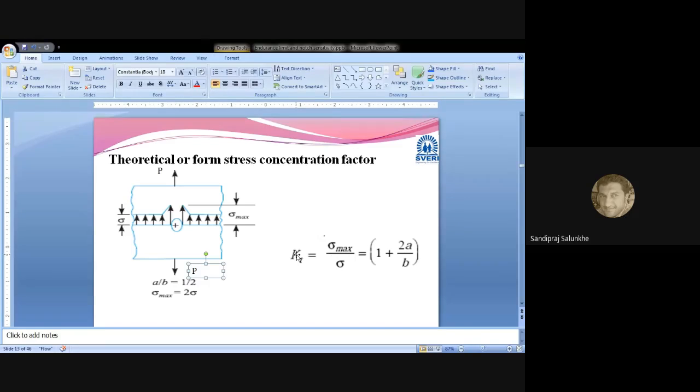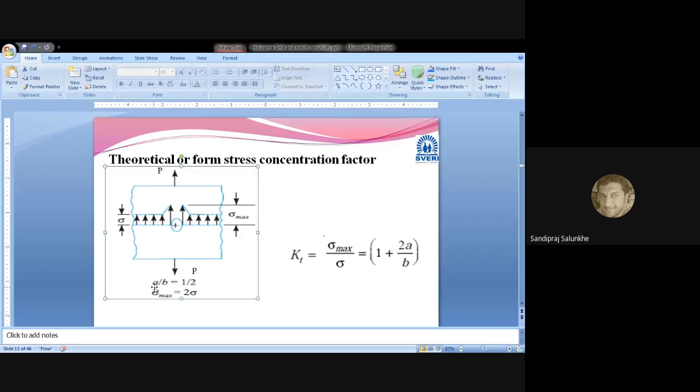Now, when we are going to calculate this theoretical stress concentration factor Kt, it is the ratio of maximum stress to the normal stress. For such a hole created in the plate, the a by b value is taken, that is nothing but an elliptical hole generated over here.